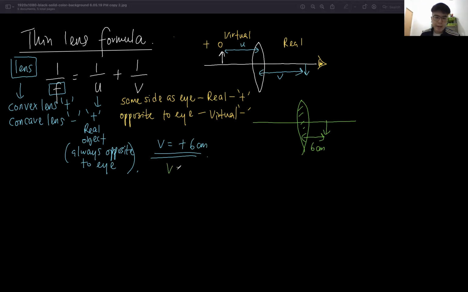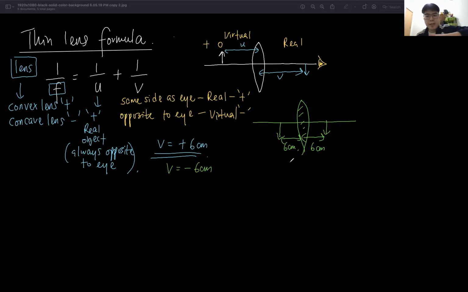If you get V as negative 6 cm, then your image is on the left-hand side here because negative is virtual, over here, 6 cm. So without drawing a diagram, you know the position of the image. If you were to draw a diagram, you will also get the same result. So it's a different method, but the same result achieved. This is using calculation.